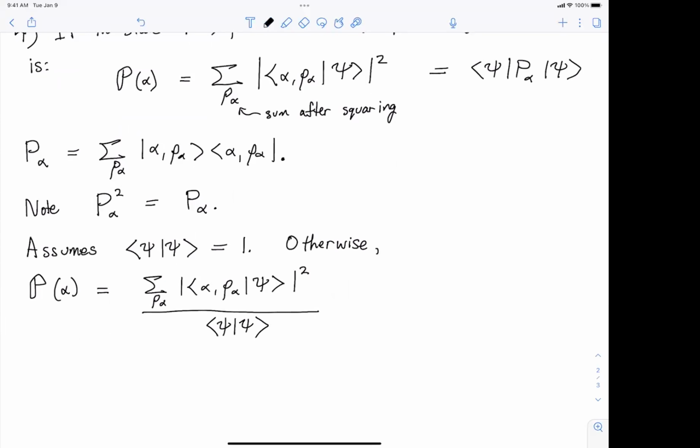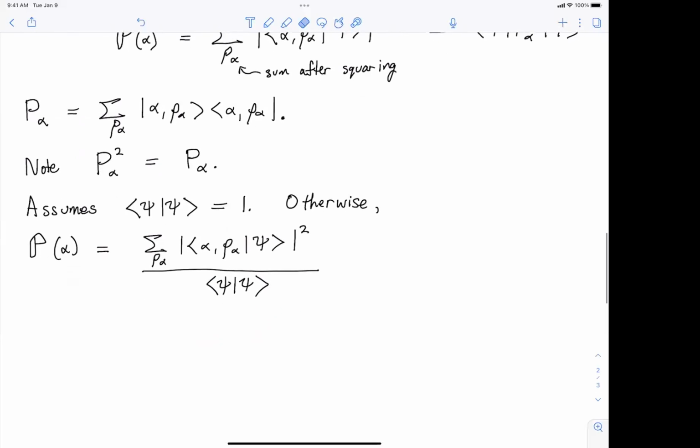Okay, so if you have trouble remembering it, one way to think about this is that since the norm of psi is not physically relevant, and there are two psi's in the numerator, I can make it manifestly not dependent on the normalization by dividing by two psi's in the denominator. And the only way to make a number out of two psi's is to take the inner product.